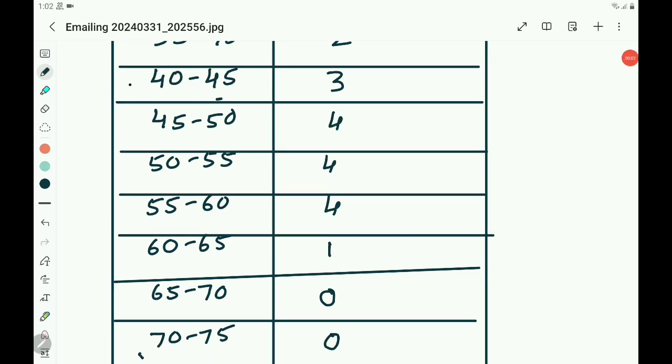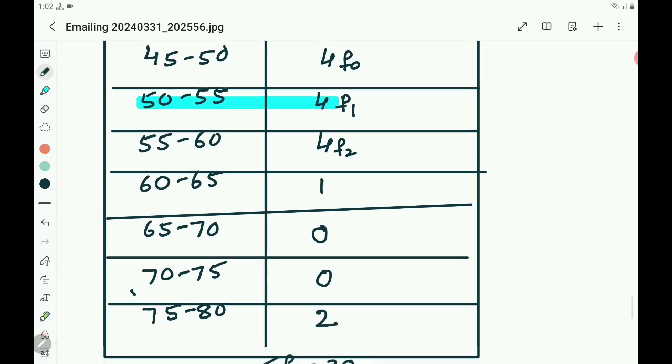So let us take the modal class 50 to 55, taking this 4 for F1. So this is F1, this is F0, this is F2. Then you write the values.